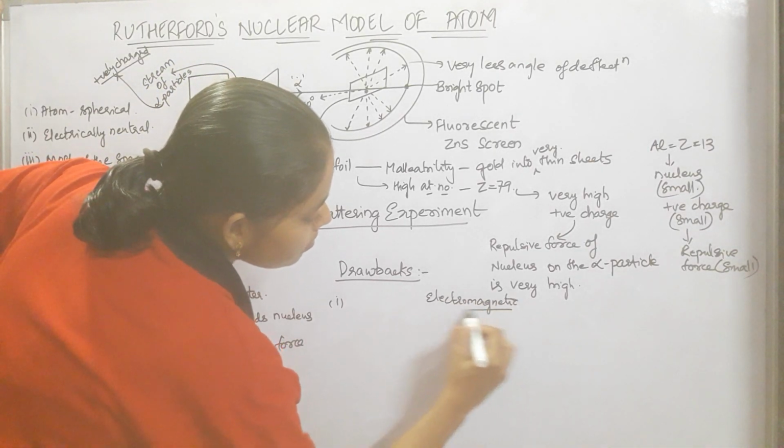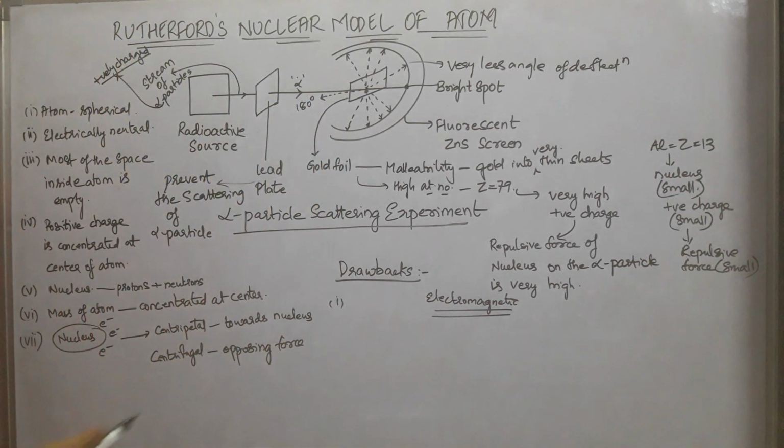According to him, when a small charged particle, electrons being very small, revolves around an oppositely charged center, it loses its energy continuously. When the electron loses its energy continuously, it directly falls into the nucleus. But in Rutherford's experiment, we couldn't see such observations.